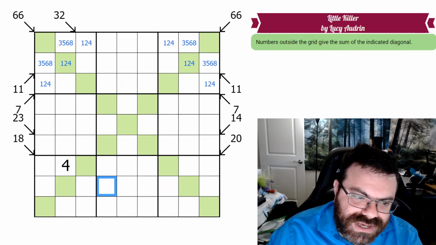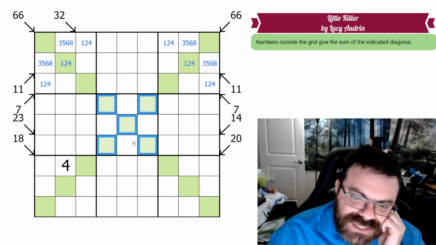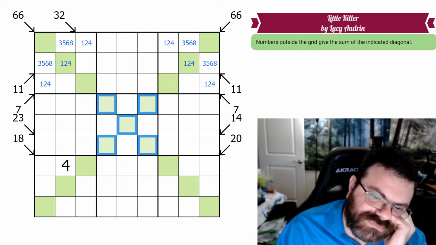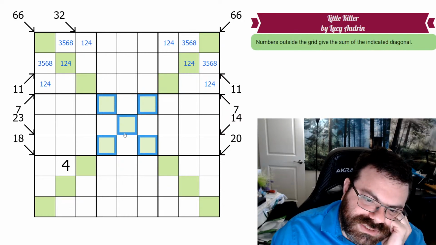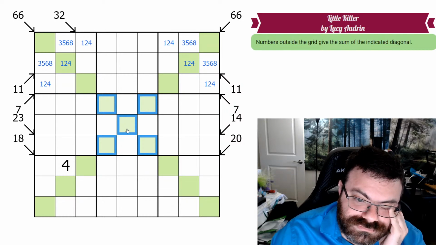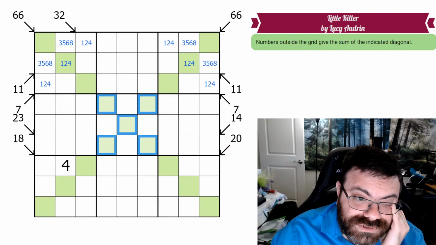So what's the maximum here? This is maximum 5, 6, 7, 8, 9. Just 35. But the center is double counted. So we can add another 9 in if we double count that. It's 44.